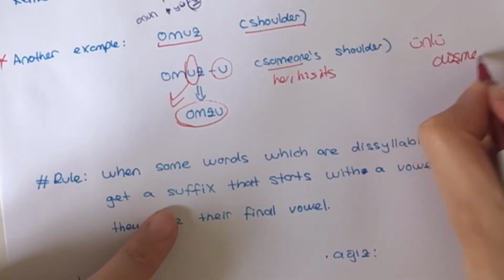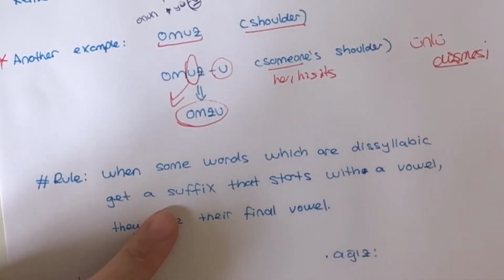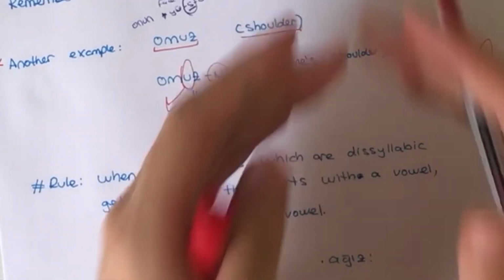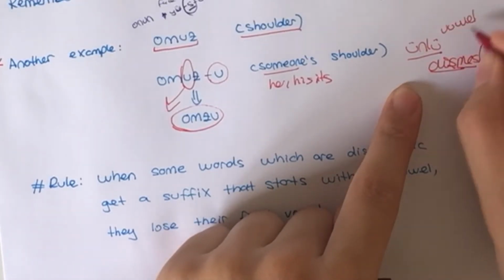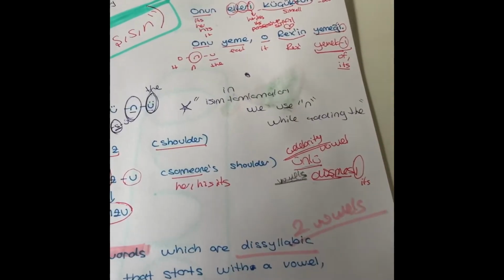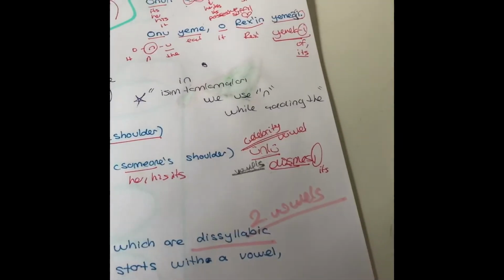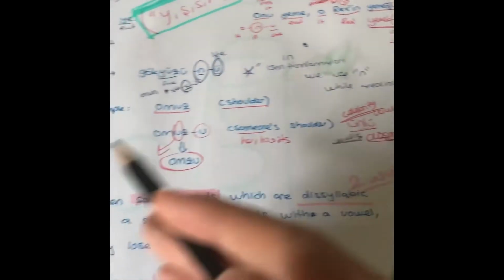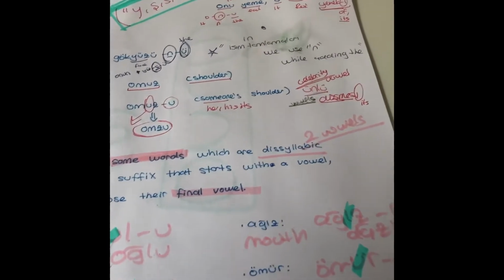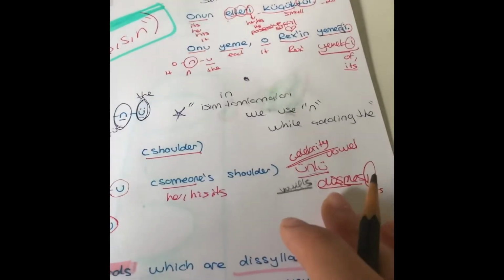We call it ünlü düşmesi. Ünlü düşmesi. Düşmek means to fall. Düşmesi, you know, it's the fall of ünlü. Ünlü means vowel, but it also means celebrity. So there was a problem and my phone stopped recording after I said this. And I continued, but I didn't know my phone didn't record, so I'm going to explain it once again.